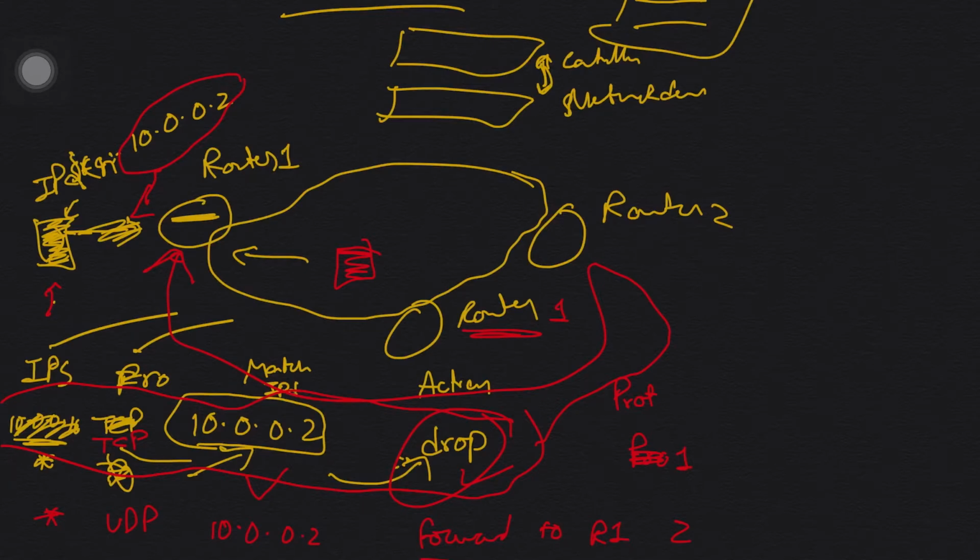Where did the router get the flow table from? From SDN. SDN periodically writes the flow tables into the routers. Okay, routers will store the flow tables. So this is a little about flow table.